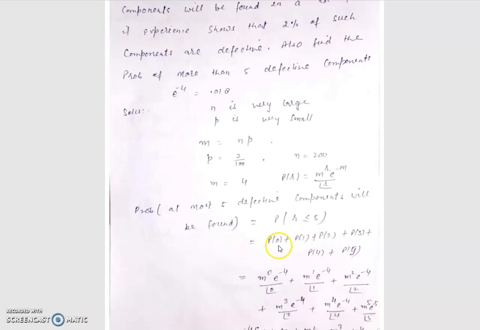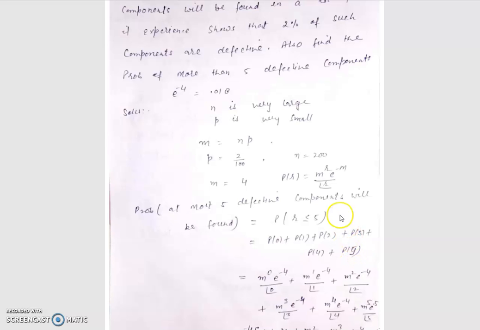We have to find the probabilities P0, P1, P2, P3, P4 and P5, because it is given in our question that at most 5 defective components, r is less than or equal to 5. So r less than or equal to 5 means P0 plus P1, P2, P3, P4 and P5.